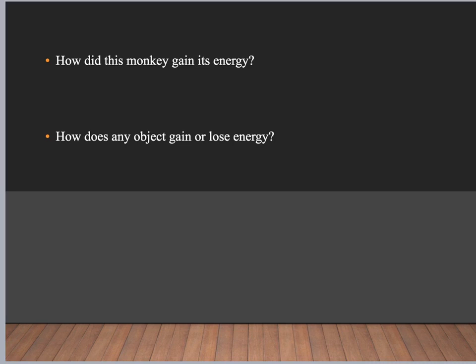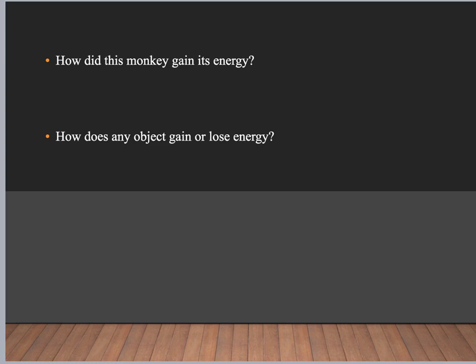Before we actually start talking about work, how did that monkey gain its energy? By increasing the height. Its mass wouldn't have changed. Energy had to be used by a person, and that person had to exert a force.